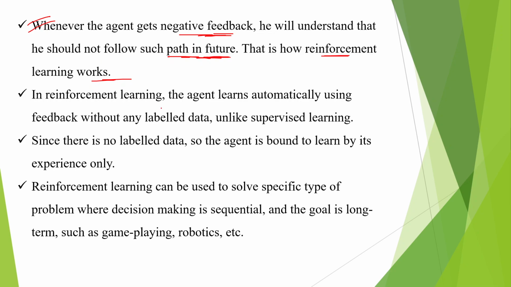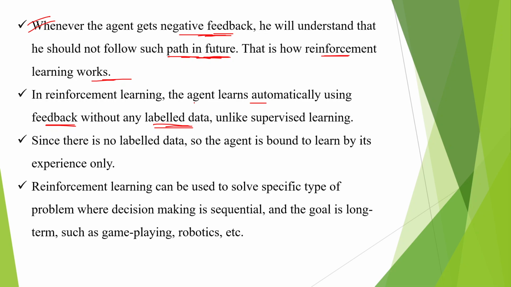In reinforcement learning, the agent learns automatically using feedback without any labeled data, because it is not supervised learning. So how will the agent learn without labeled data? In this approach only.